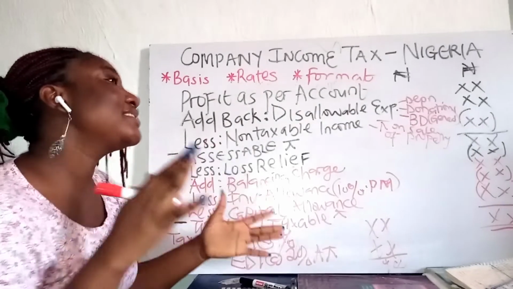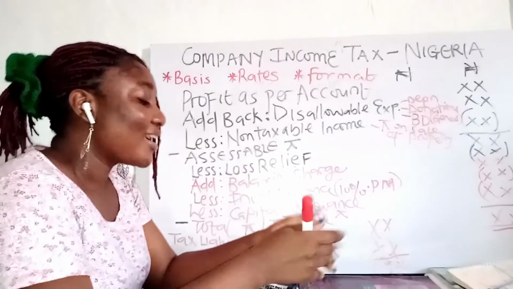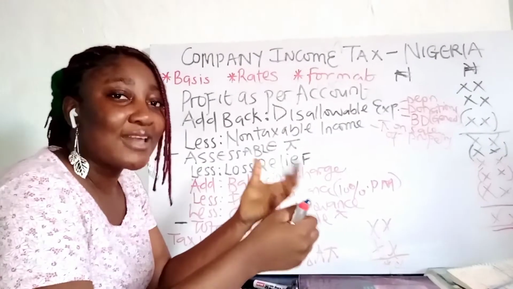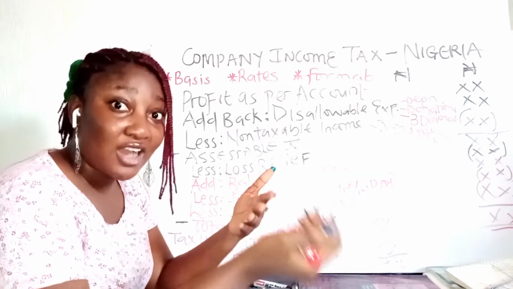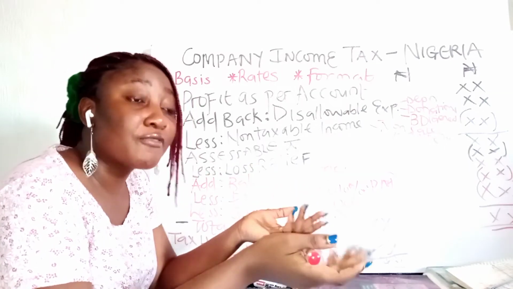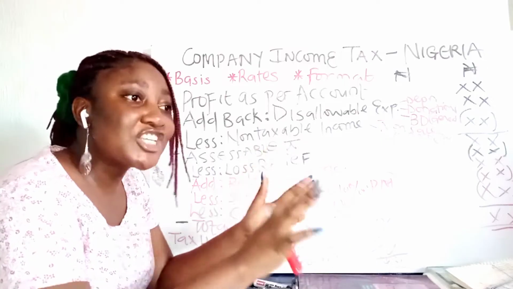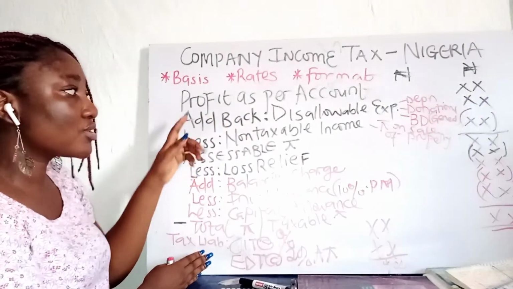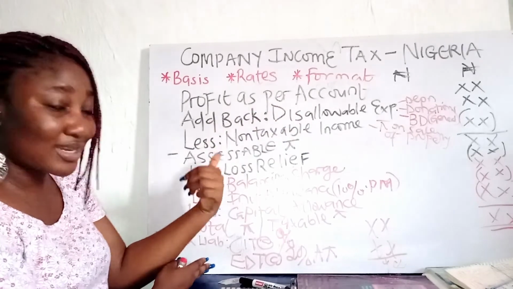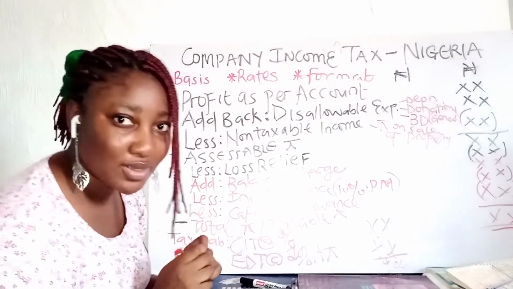The next thing is capital allowance, you guys. Capital allowance is the allowance that is given in lieu of depreciation. In your normal management account that the accountant prepares in the office, they charge depreciation. You guys know what depreciation is now. But when it comes to preparing taxation, you must knock out depreciation by adding it back and charge it as capital allowance, right?